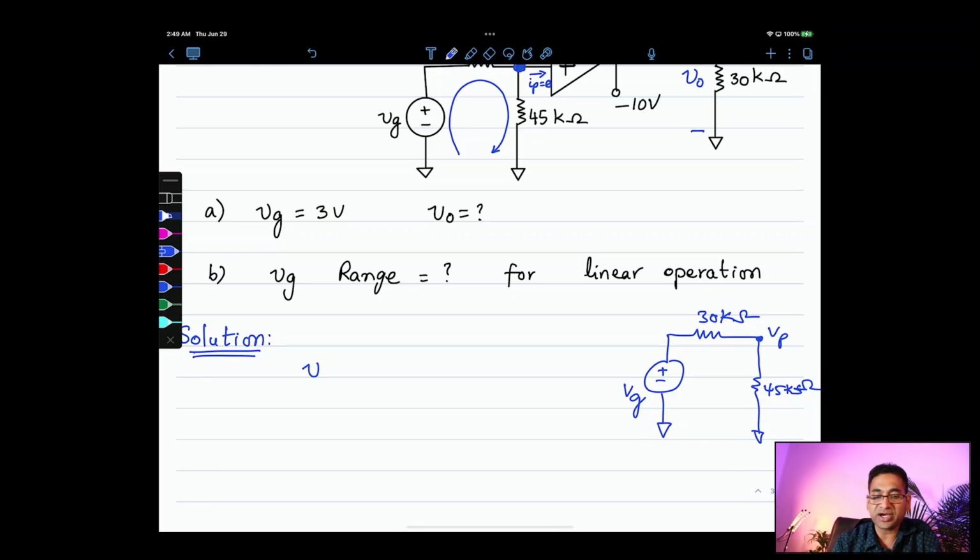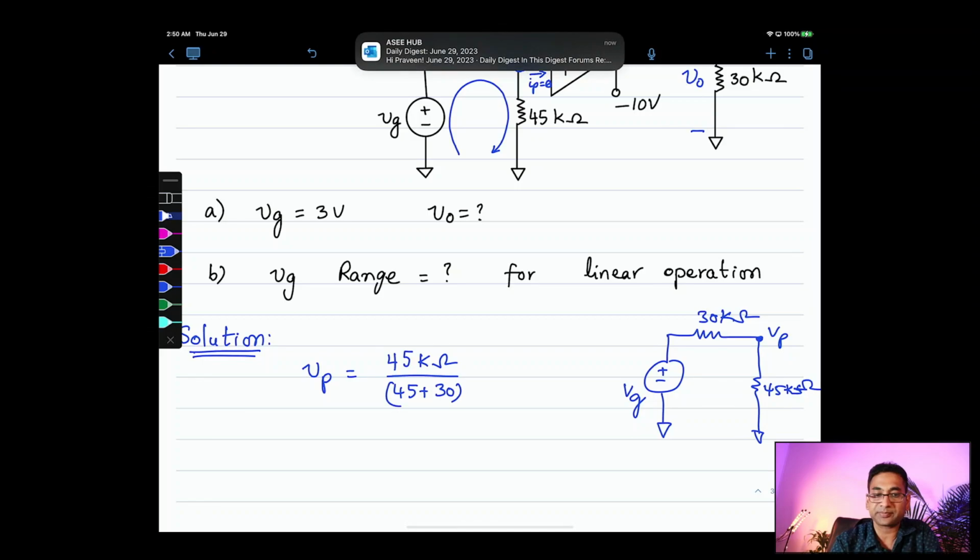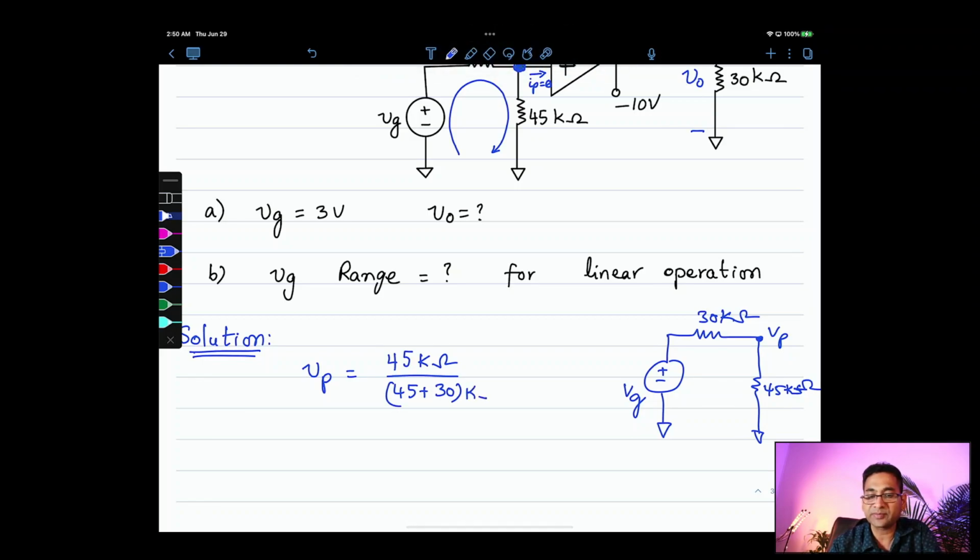So Vp should really be the voltage division, 45 kilo ohms divided by 45 plus 30 kilo ohms. So that comes out to be 0.6. I think it's 0.6, I could be wrong, but 45 kilo ohms by 75 kilo ohms.